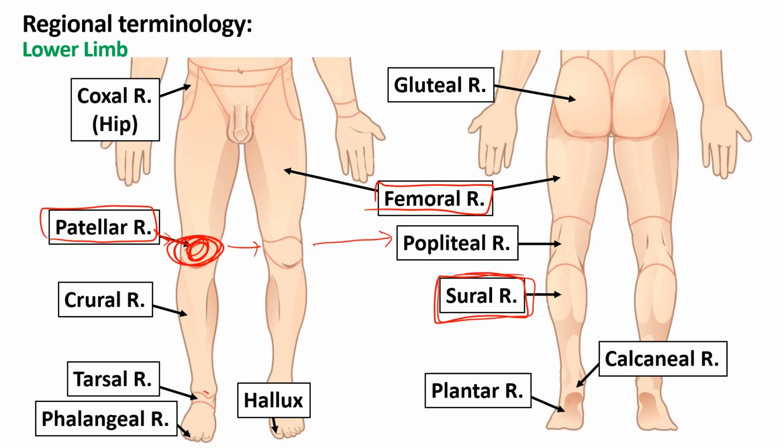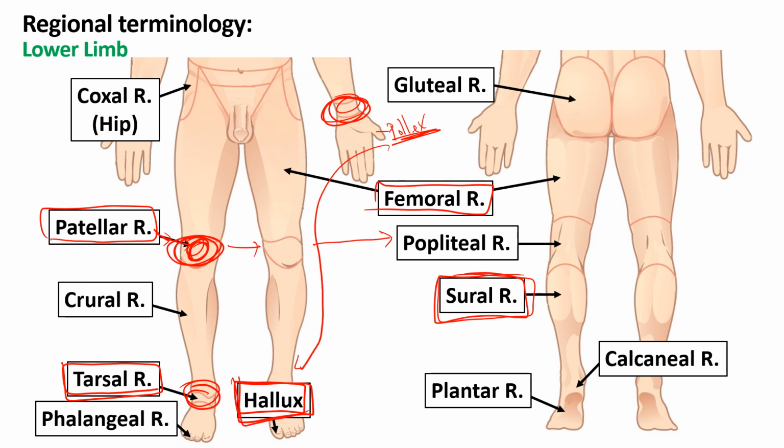Going down here in the ankle, tarsal region. So you see tarsal in the ankle and carpal in the wrist. Be careful with that. Carpal here in the wrist, tarsal here in the ankle. Pollex, the thumb, hallux, the big toe. So make sure you know pollex is the thumb, hallux is the big toe.